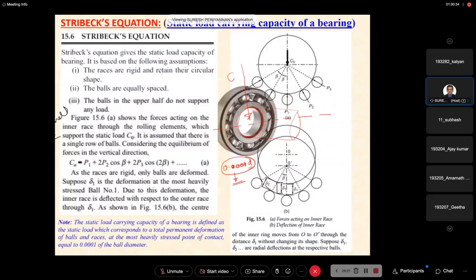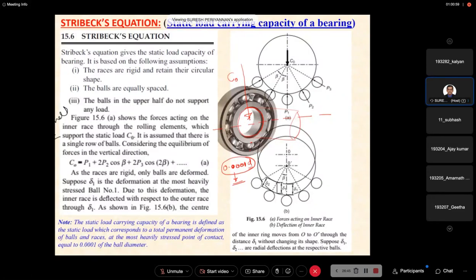This is the load C naught. I am putting the load C naught here. The inner race and balls, and the outer race and balls, are going to be subjected to deformation. So in our static load carrying capacity discussion, we are going to consider only the bottom portion of the ball.